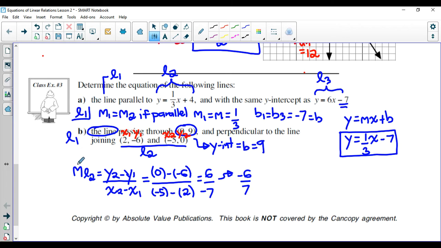Okay, now the line we're trying to write the slope for is perpendicular to this line.